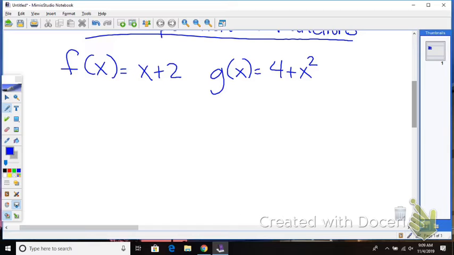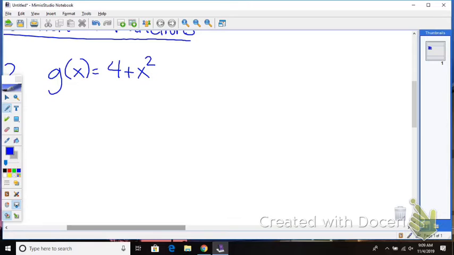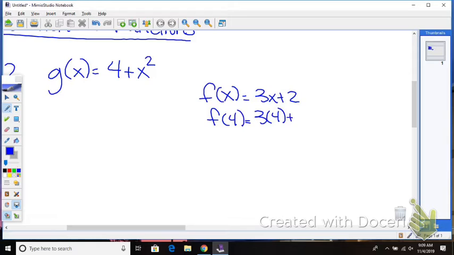Before, don't write this part down, but if I had f of x equals 3x plus 2, and I said, okay, find f of 4. Where do you put 4? In for x. So I have 3 times 4 plus 2. What if I said f of car? You put car in for x. So it'd be 3 car plus 2.